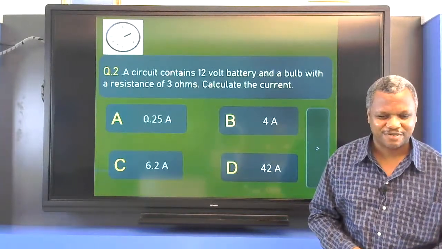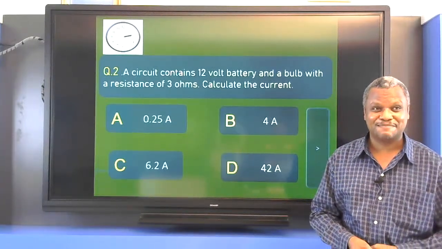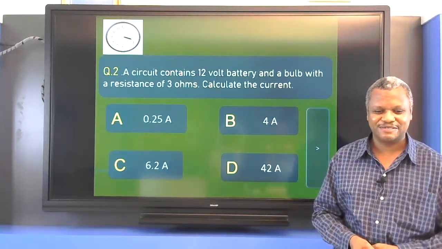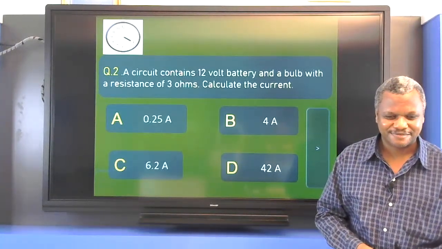B. Okay. 4A. Yeah, room 8, 4A, correct. 3 room 8, number 1.